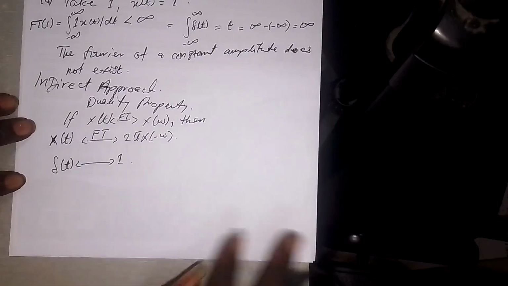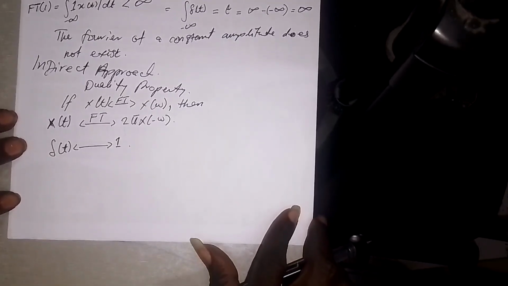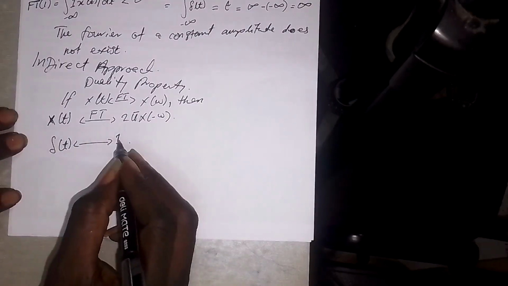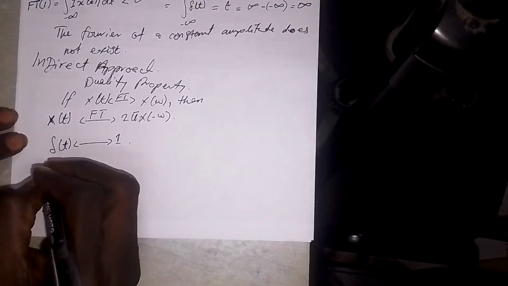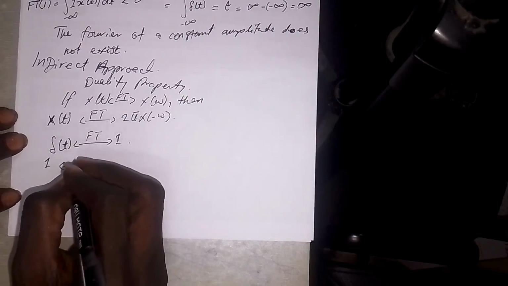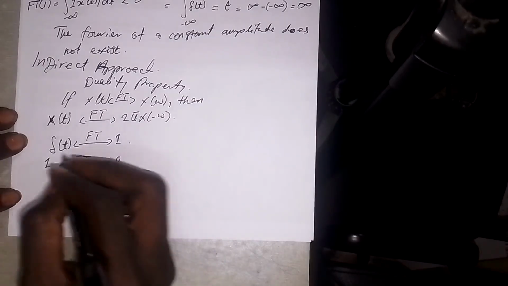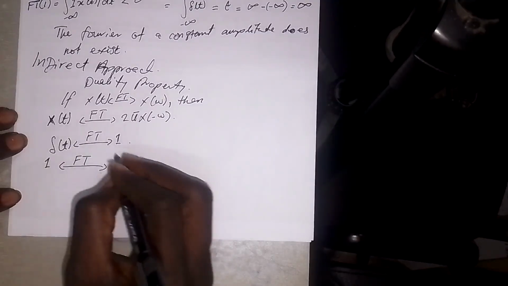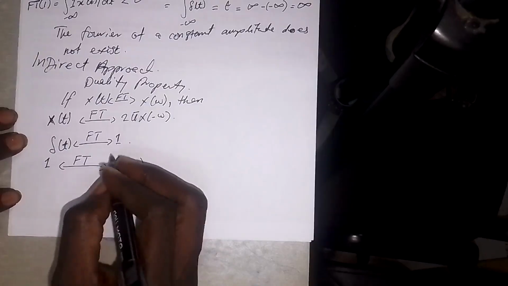So if I want to find the Fourier transform of this function, I have to remove this t and write minus omega, times 2 pi.